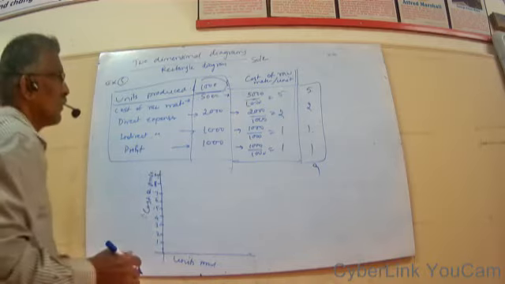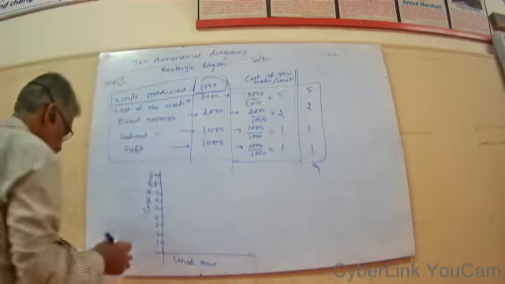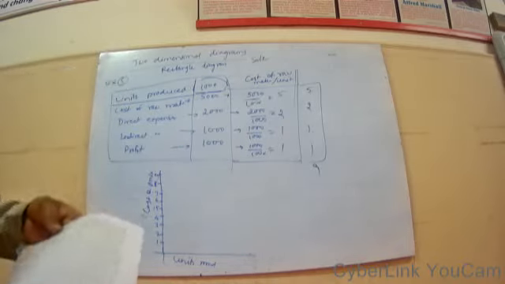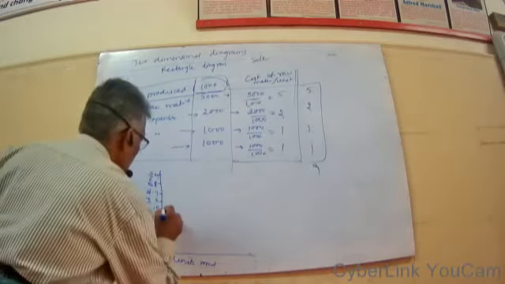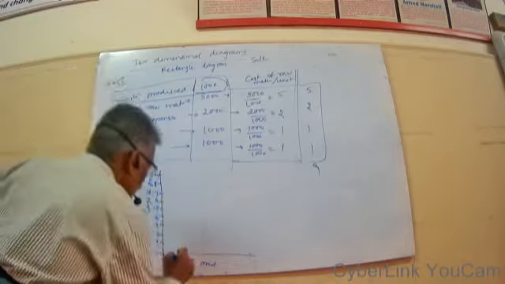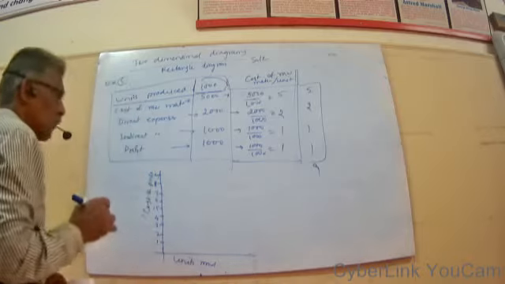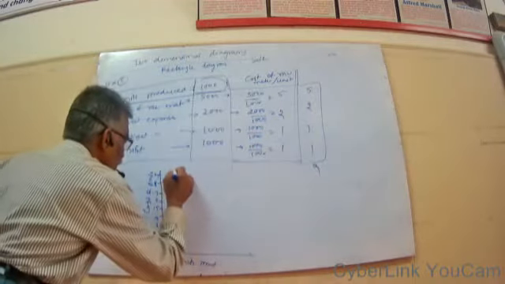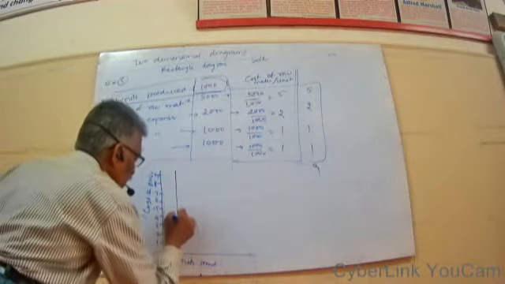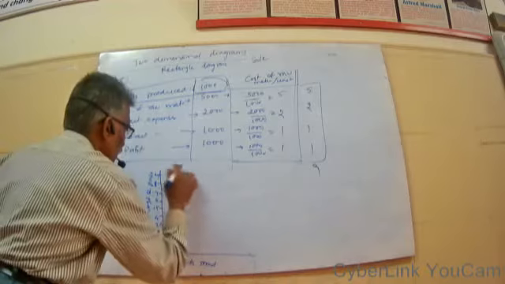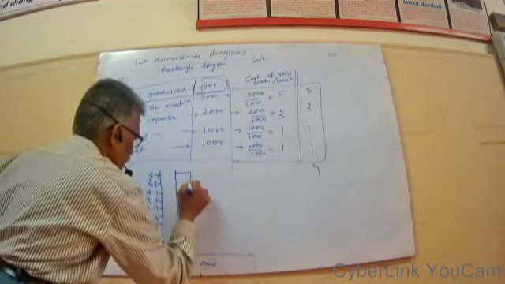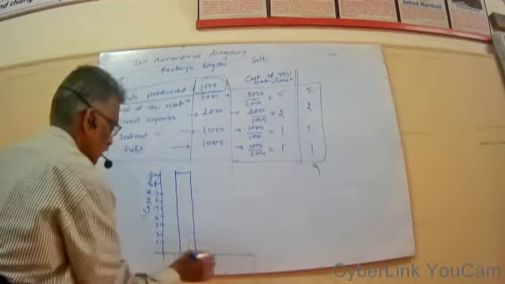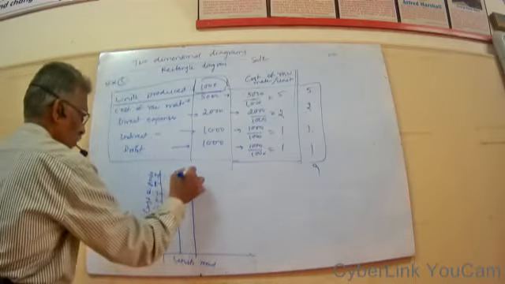First is 5, which is for cost of raw material, 5 units. So what you have to do is take the total as 9 and draw one vertical bar of 9 units.